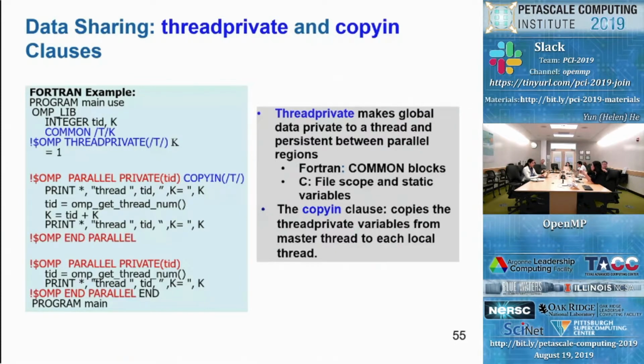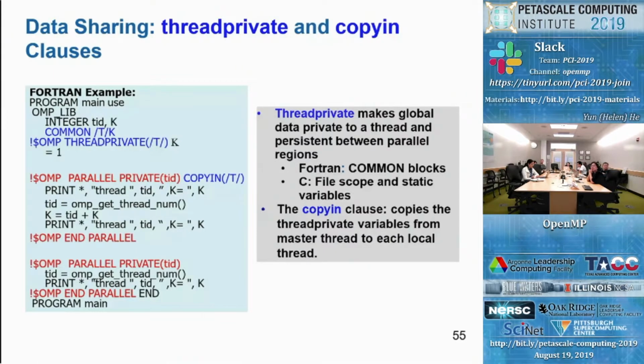Threadprivate makes sure that even though each variable is private to each thread, they are consistent when you enter the next parallel region, as long as the number of threads is consistent. So the threadprivate data is still there in the next region. You can also copy in the variables from the master thread to each thread, which saves you a lot of work to get the initial values of the common blocks.